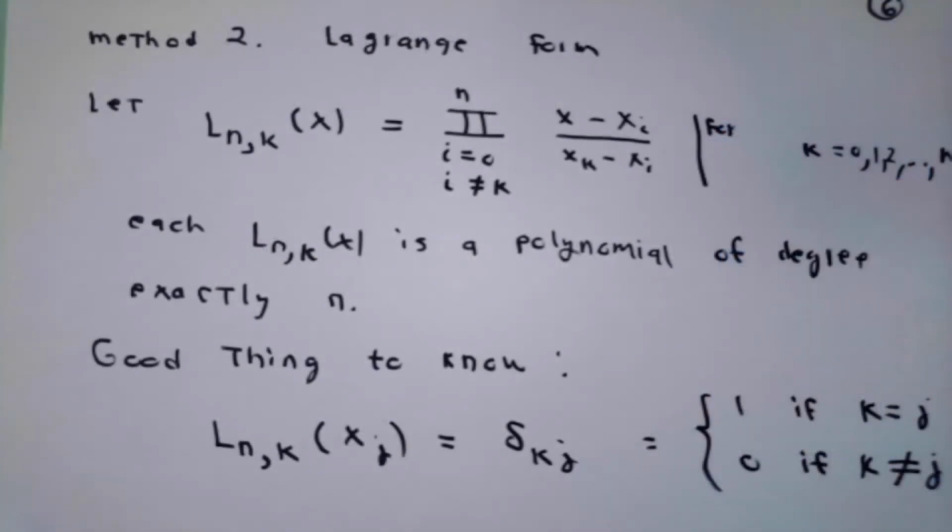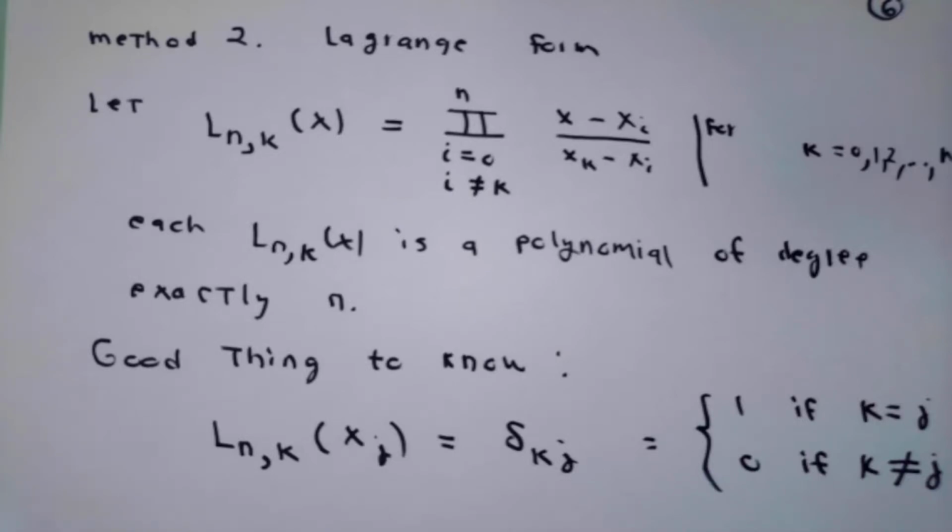The second of the ways that we're going to look at this sort of thing is called the Lagrange form. We introduced polynomials, which we call Ln,k of x. These are the products of (x minus xi) over (xk minus xi), with the proviso we leave out the factor where i is k. We found out that there is a useful property of these things.